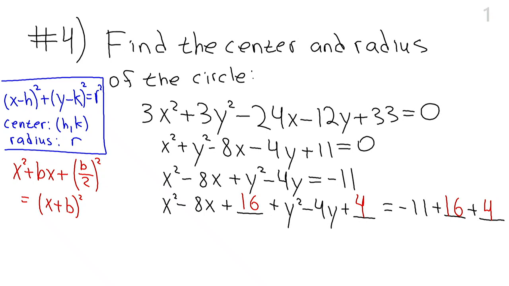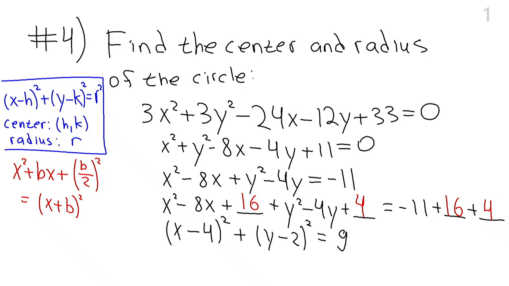And now I can rewrite my equation for the circle as follows: (x minus 4) squared plus (y minus 2) squared equals 9, since negative 11 plus 16 plus 4 equals 9.